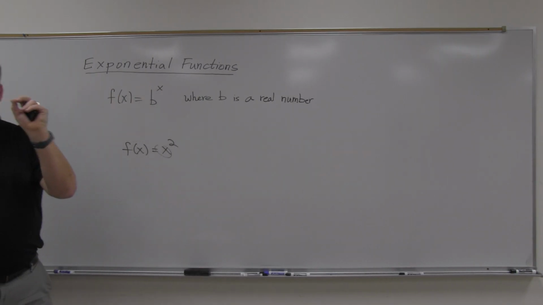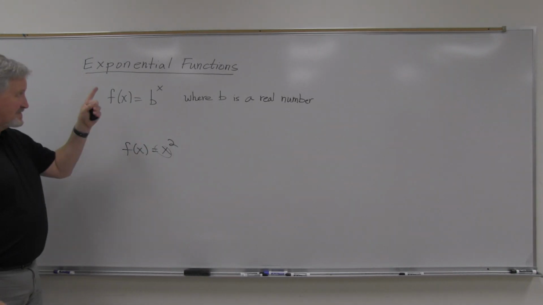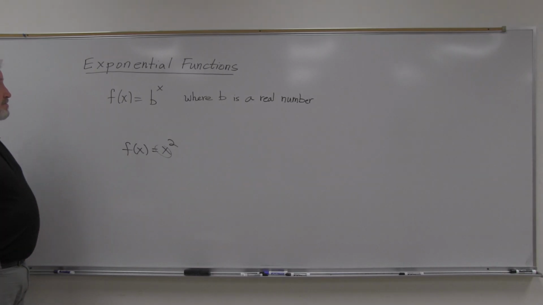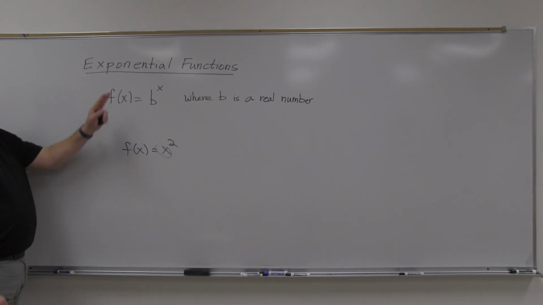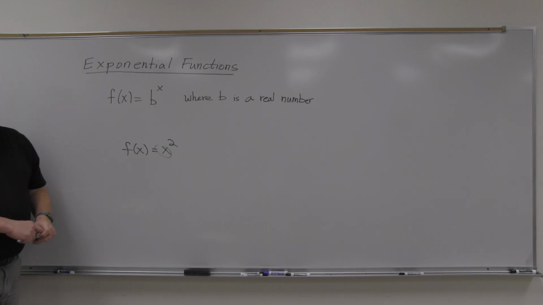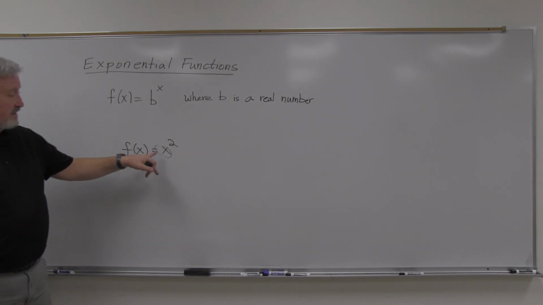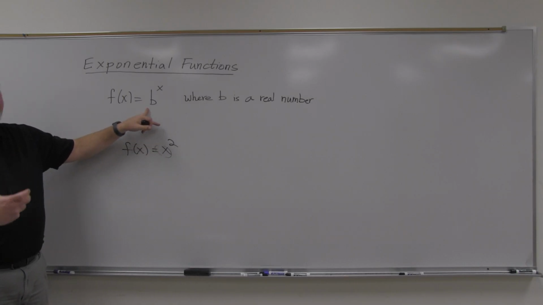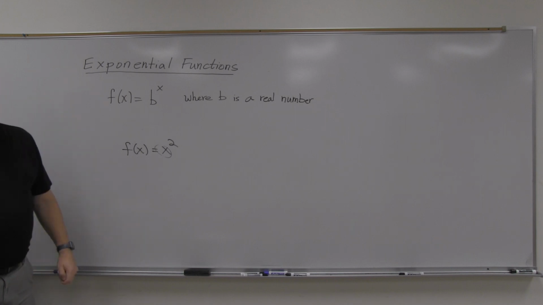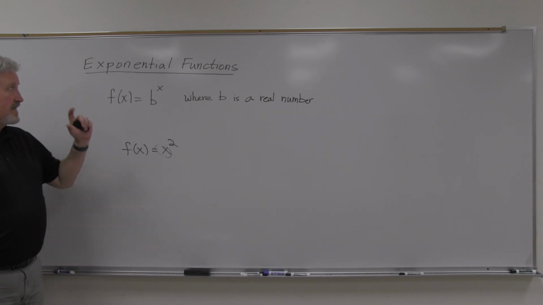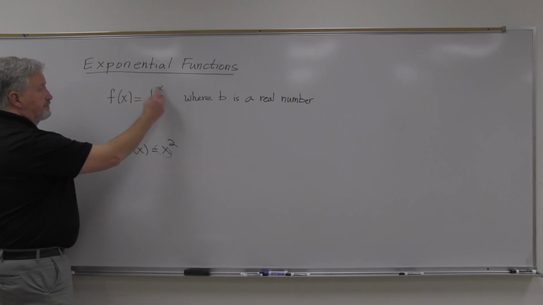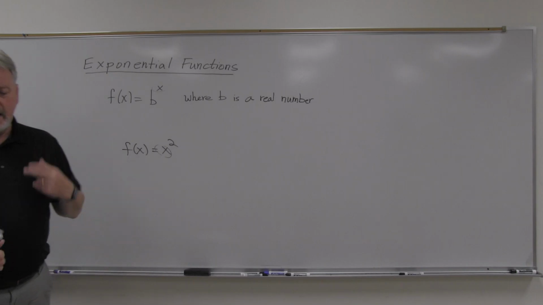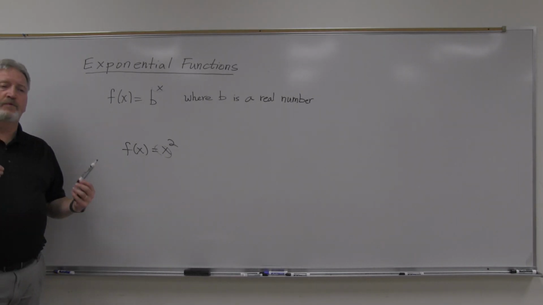In other words, x is in the exponent, hence the name exponential function, because that's the distinction made on exponential functions: the x is going to appear in the exponent instead of, like here, in the base. And the base here is just going to be a number, and we'll look at one specifically in a second. But to be an exponential function, your x is going to be located there in the exponent. And so just a few things about what that will mean to these functions.